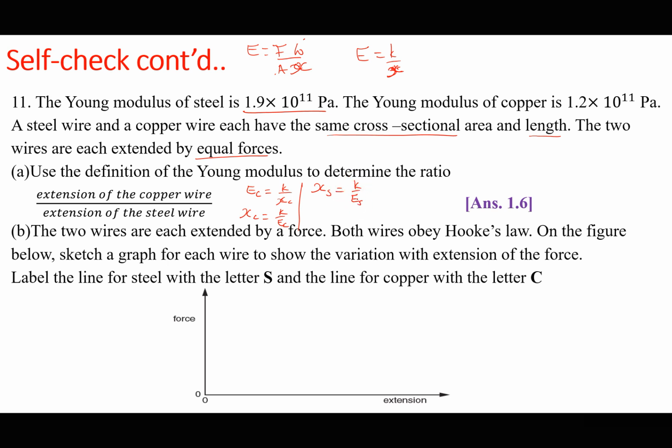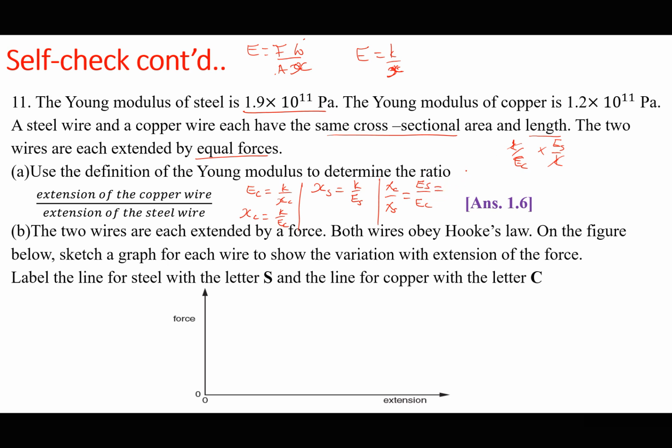So I want x for copper over x for steel. So I'll just divide the two equations. We are going to get the reciprocals. Here x for copper is K over E copper and x for steel is K over E steel. So E steel goes up. So it becomes K over E copper divided by K over E steel, so I get the reciprocal, E steel over K, where K cancels.